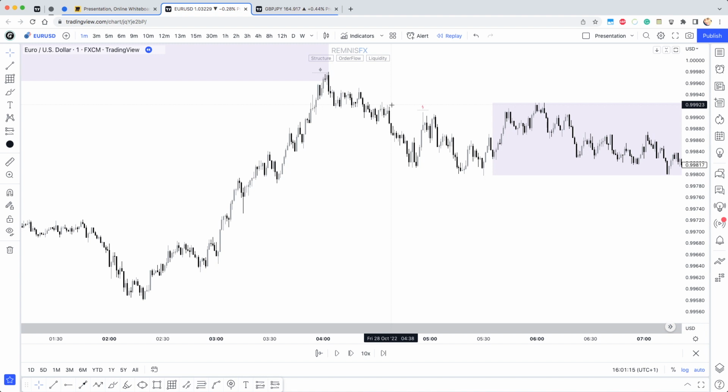I believe here. Pardon me. Right. So here, you could have also entered here, not necessarily there. This could be your confirmation entry or conservative entry. This could have been your aggressive single candle mitigation entry again.